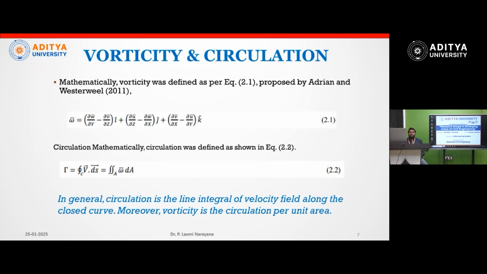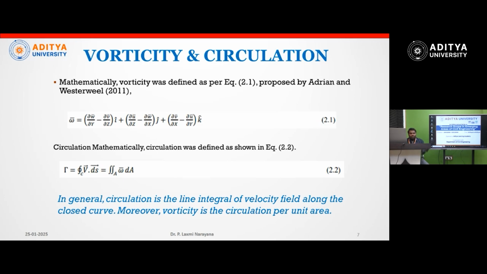Next, vorticity and circulation. Vorticity is nothing but the circulation of a particular fluid particle, meaning the local rotation of a fluid particle. To understand the local rotation, we should know the concept of angular velocity.